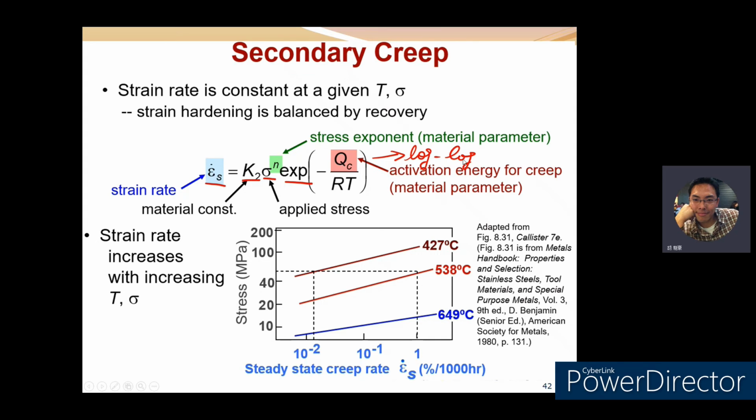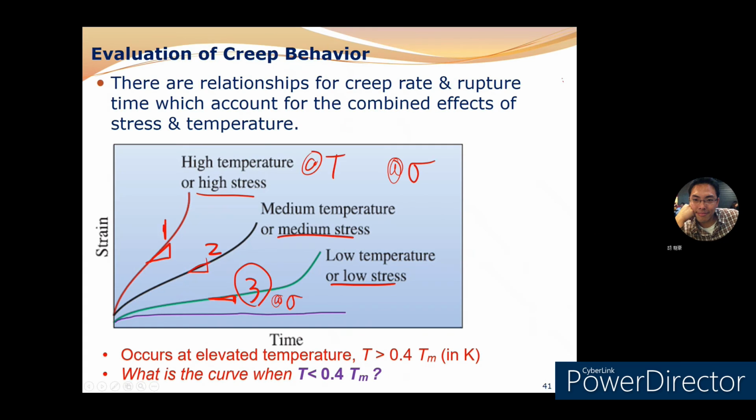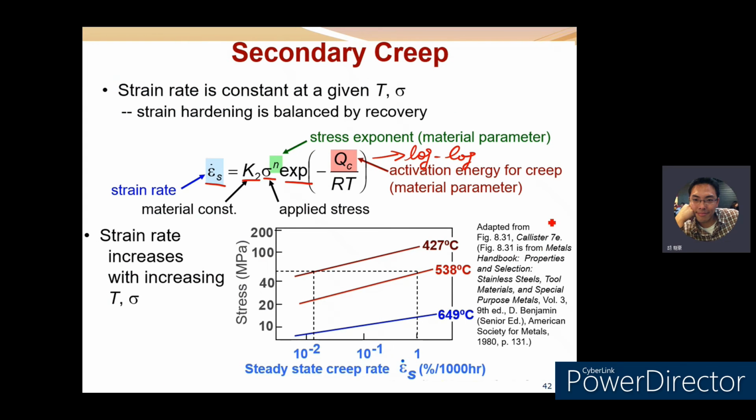So if we have a material that is tested at elevated temperature, 427 Celsius, a creep test, when the stress increases from here to here, its strain rate increases, the steady state creep rate.